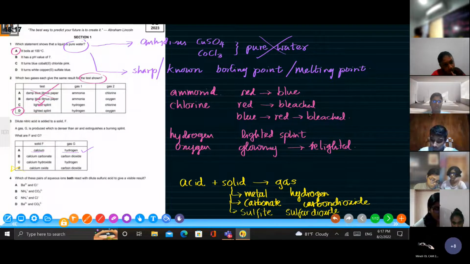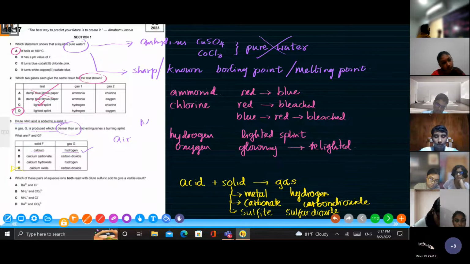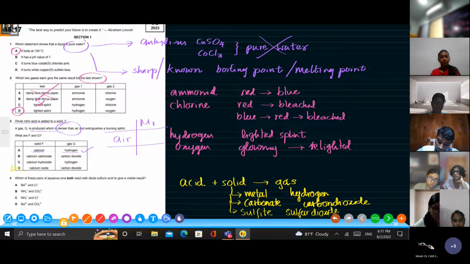When you read this, dilute nitric acid added to a solid, a gas produced which is denser than air. What is the approximate average relative mass of air?